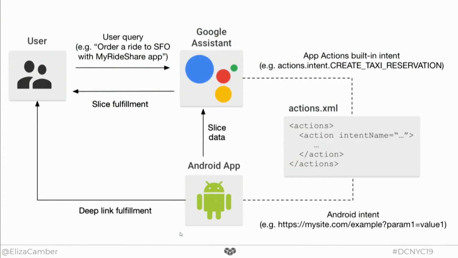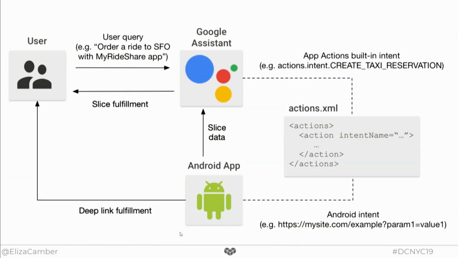So let's see a bit how it works. The user will say something to any Google Assistant device. The Google Assistant will grab the intent of the user and search for an actions.xml in all of the applications that have it in their Android manifest. We will see more about this later, but basically it just searches for the app.